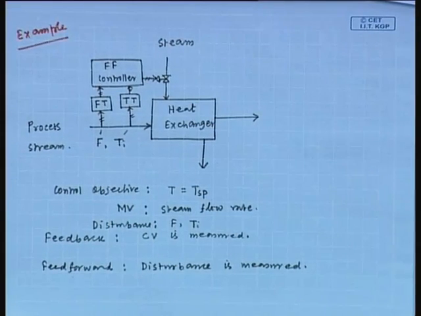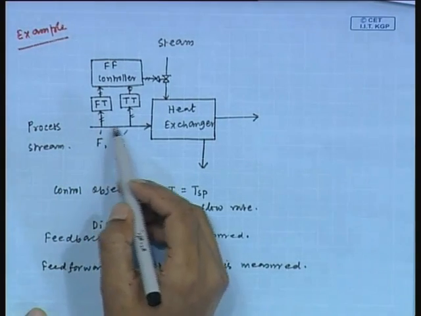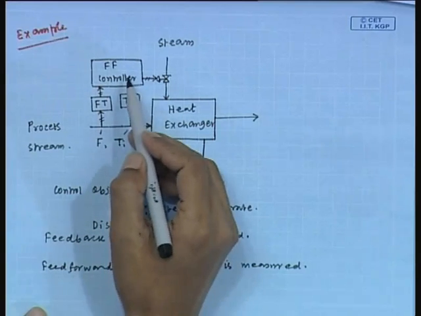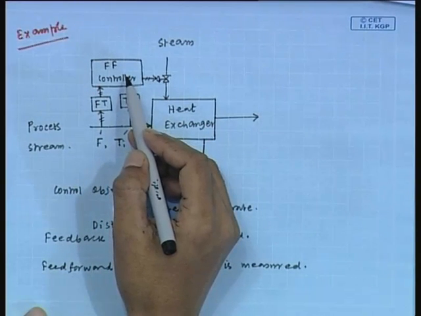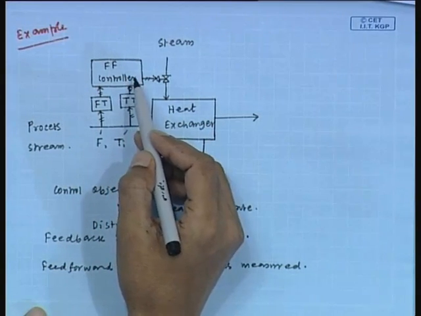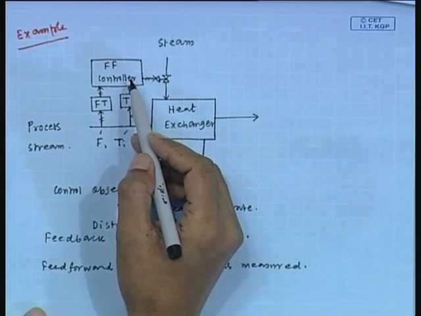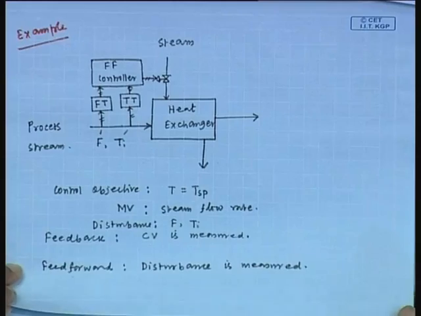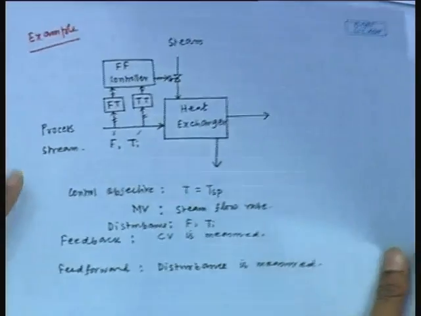Two disturbances are measured, and the measured signals go to this feed forward control block, and then the control action is calculated and implemented through this final control element. So, this is the feed forward control scheme for this heat exchanger.